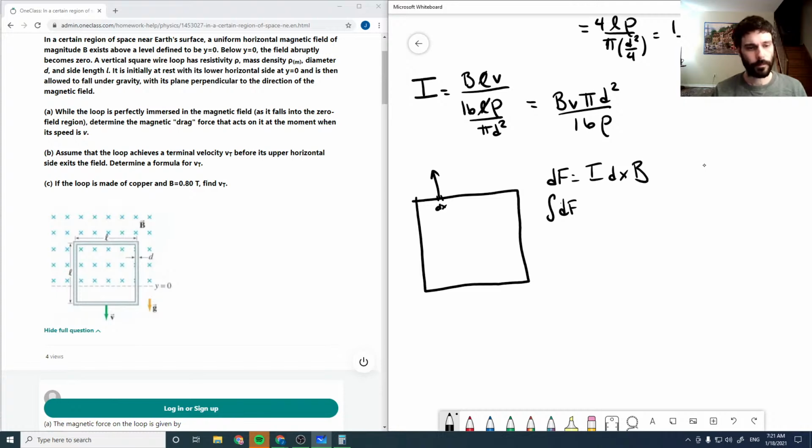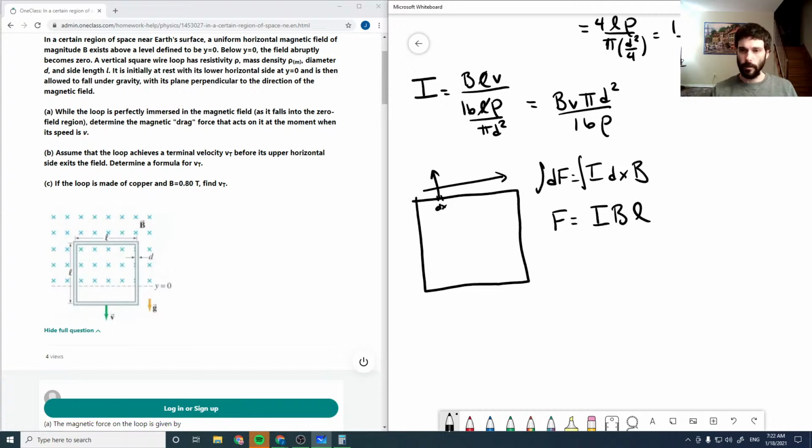Now if we look at the force just along the top, then we're going to integrate over the length. So our force is just going to be IBL, so we're just integrating over that length.